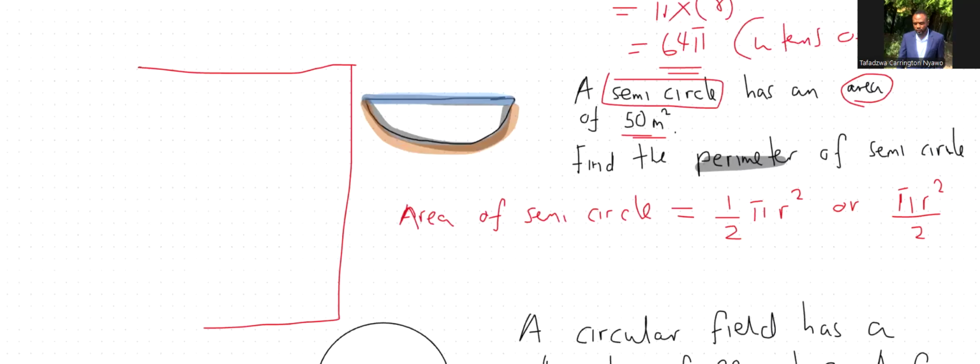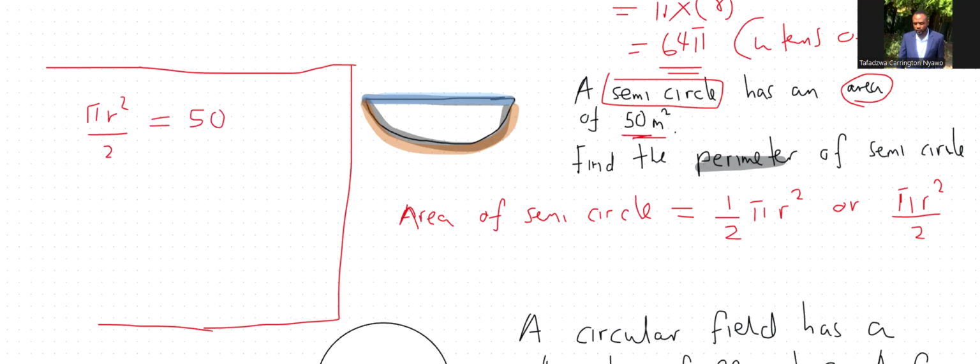All right, so this is the area formula of the semicircle that they used to get this 50. So I then use that formula, pi r squared over 2, which is the area of the semicircle that they used to get this 50.